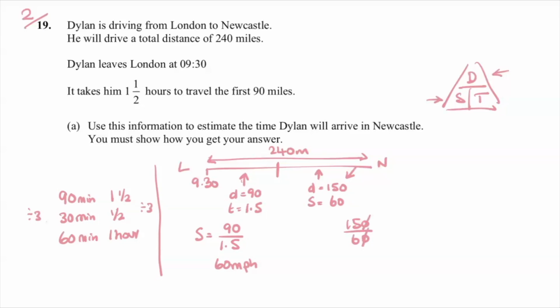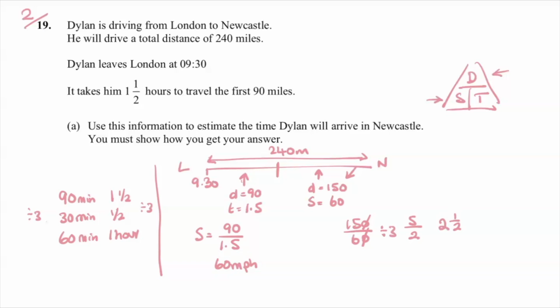Divide through by 10. I can then divide through by 3 to cancel this down a little bit. 3s into 15 go 5. 3s into 6 go 2. How many 2s can I get into 5? 2 with 1 left over. So that second part of the journey is going to take 2.5 hours.